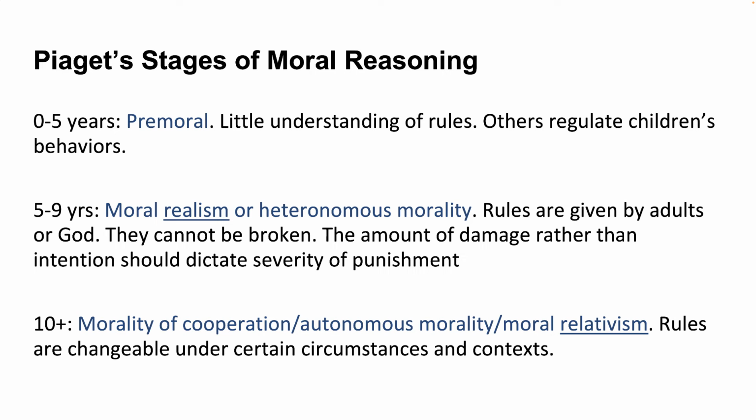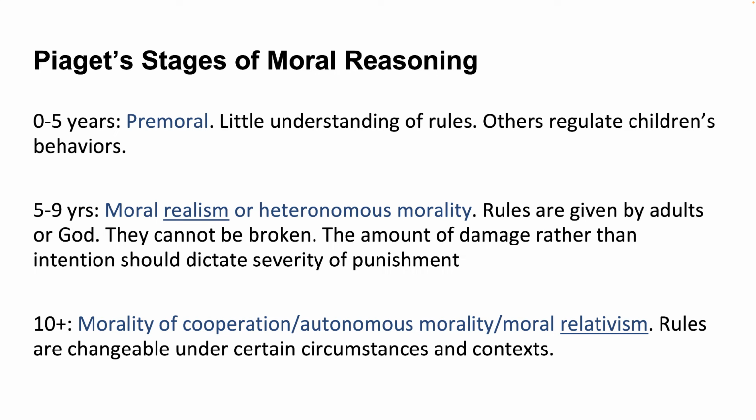But Piaget said that from 5 to 9 years, there's moral realism, or heteronomous morality. The idea there is that adults or God give rules. Those rules cannot be broken. And punishment is indicated not by the intention of what the person did, but by the amount of damage.